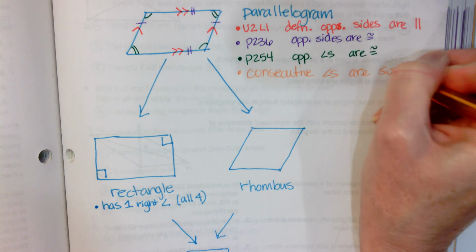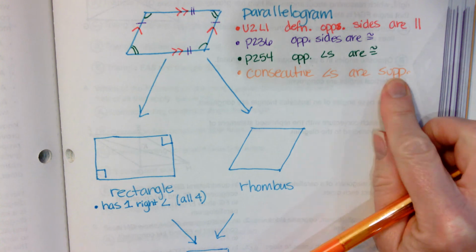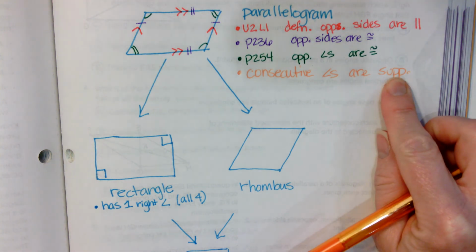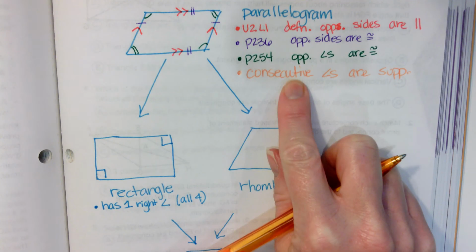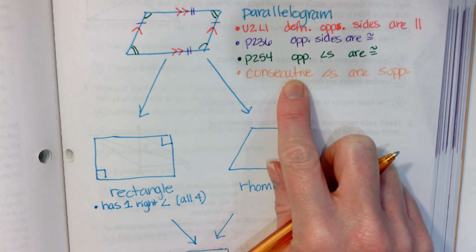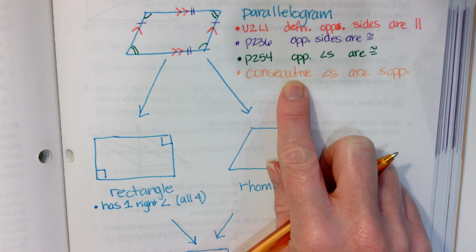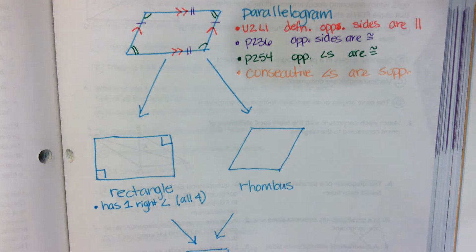And let's remember that being supplementary means that they add up to 180 degrees. And consecutive means 1 right after each other. So for example, the numbers 1, 2, 3, 4, 5, those are consecutive numbers. They are 1 right after the other.